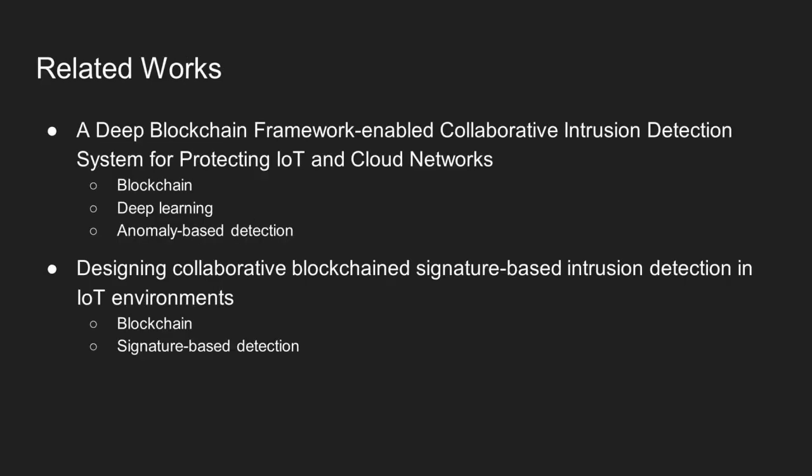The two main works that I used proposed systems, and I combined some elements as my contribution. The first one dealt with an intrusion detection system that would integrate deep learning and blockchain. As you know, blockchain provides more security.